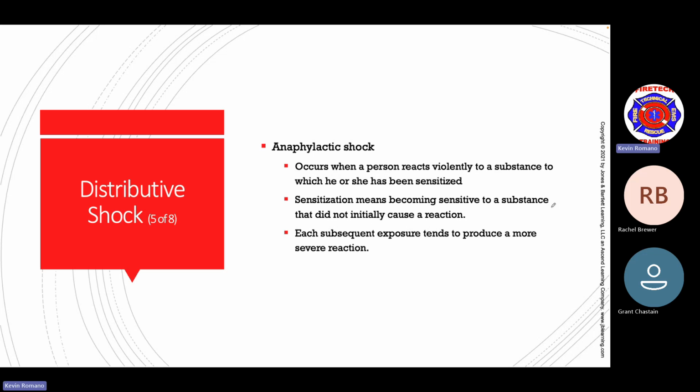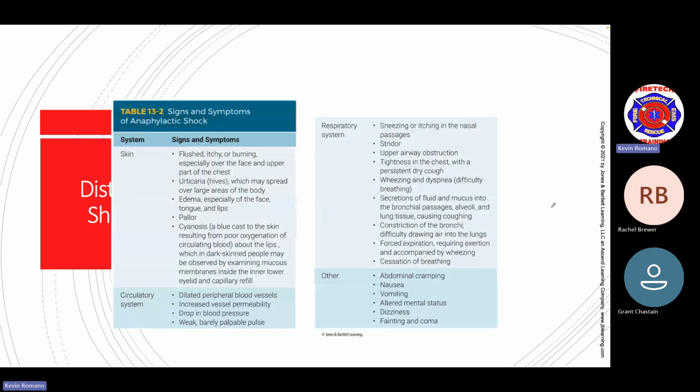All right, anaphylaxis or anaphylactic shock occurs when a person reacts violently to a substance to which he or she has been sensitized. Sensitization means becoming sensitive to a substance that did not initially cause a reaction. Each subsequent exposure after sensitization tends to produce a more severe reaction, right? So we want to make sure that we're treating this appropriately.